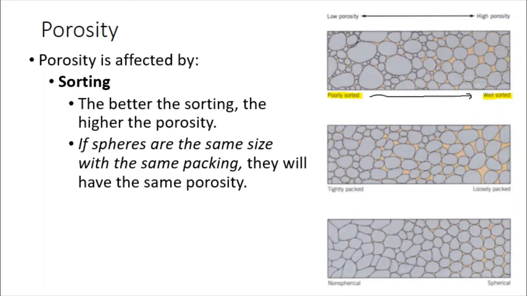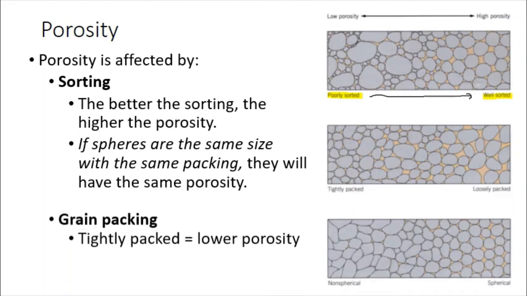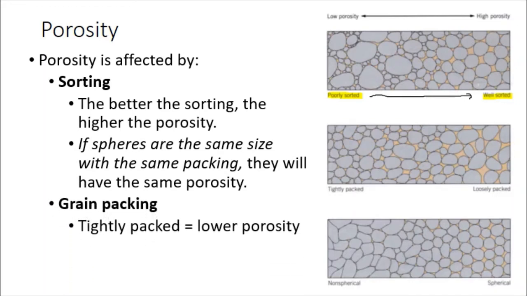If those different rocks are both made up of spheres of the same size uniformly within that rock, and they are packed the same, then they will have the same porosity. So sorting can't always determine porosity, and so we also have to consider packing.